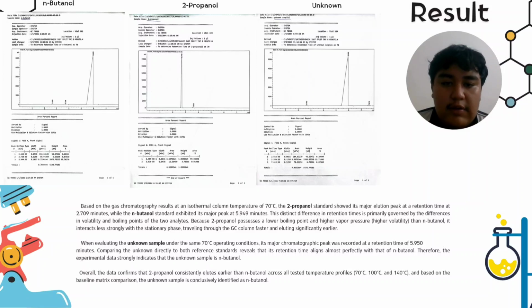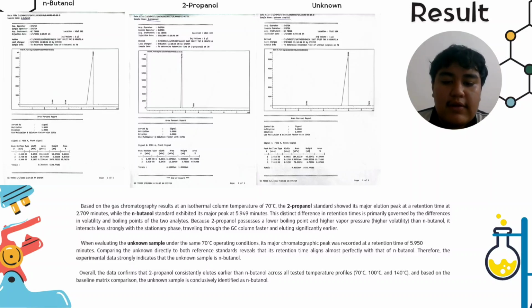For the unknown sample, we get its retention time at 5.950. It is quite similar to N-butanol. So I can conclude that the unknown sample is N-butanol based on the retention time and the peak at the graph.